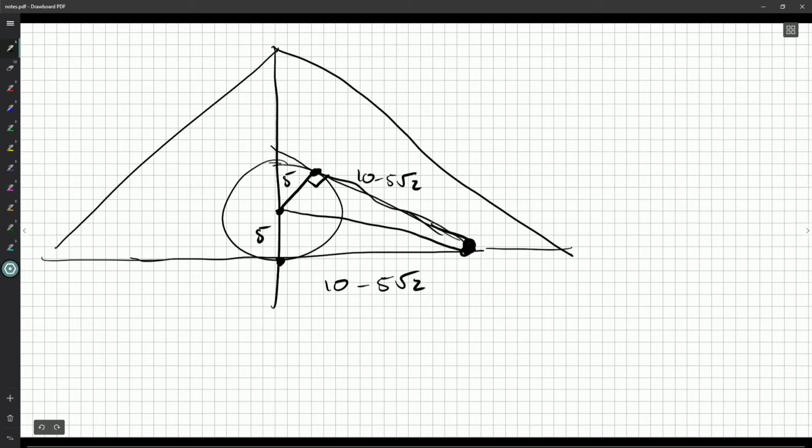So if we imagine this side hitting tangently, we get this 10 minus 5 root 2 here in the same plane as the cylinder's top. But I'm not seeing where to go from that, how that might even tell me what R is.